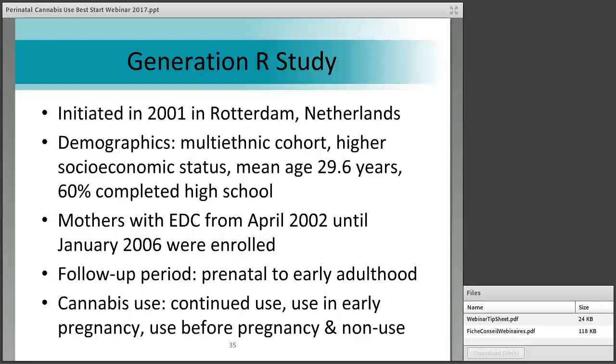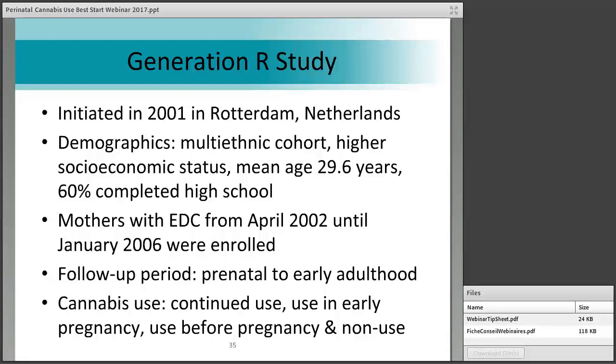The way they approached this study is they took mothers with a due date between April of 2002 until January of 2006 and offered them enrollment into this study. From this very big study, they had 459 mothers with cannabis use that they followed from prenatally. The goal is to follow them into early adulthood. At this point in time, they don't have data in the long term.